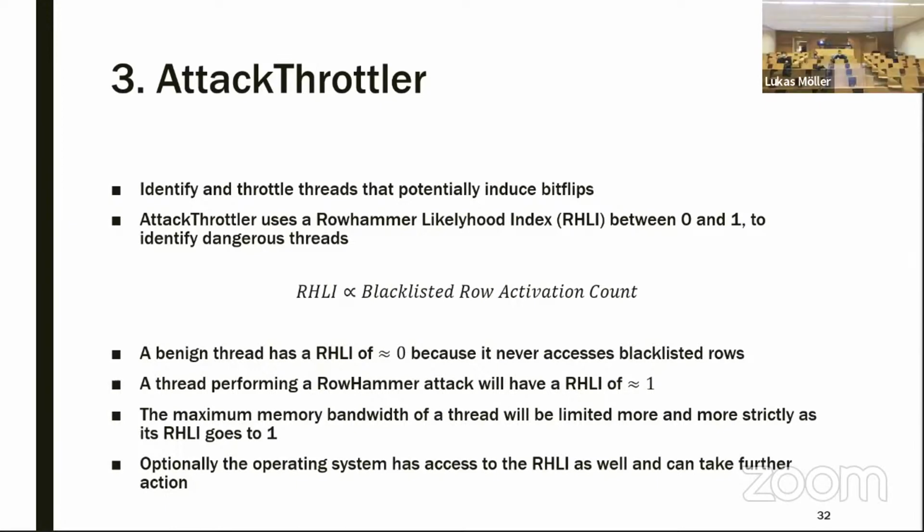Right, but how do you compute the likelihood index? If it's just a fraction between blacklisted row activations and non-blacklisted row activations, can I make enough non-blacklisted activations to offset the blacklisted activations that I'm making to hammer a row? Yes, you could do that. So you could theoretically get around AttackThrottler, I guess.